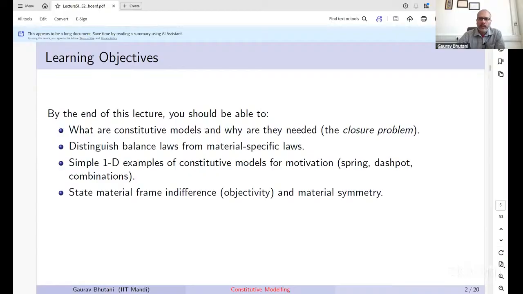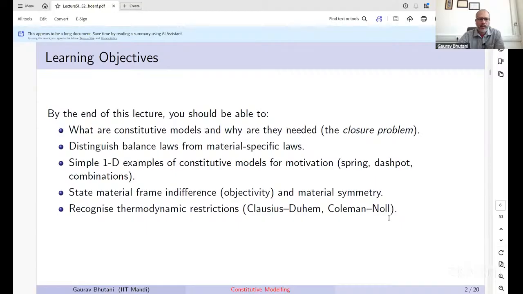And then we also discussed the admissibility of these models based on the idea of the material frame indifference, that is the model being independent of the frame of the observer, and also from the material symmetry conditions depending on the nature of material you are dealing with. So that should also be respected. And then the idea of thermodynamic restrictions, particularly the second law of thermodynamics, should also be respected when proposing or checking for the admissibility of a constitutive model.